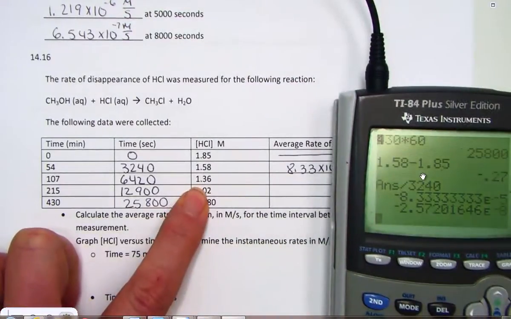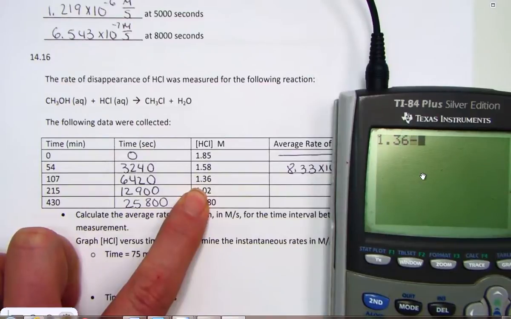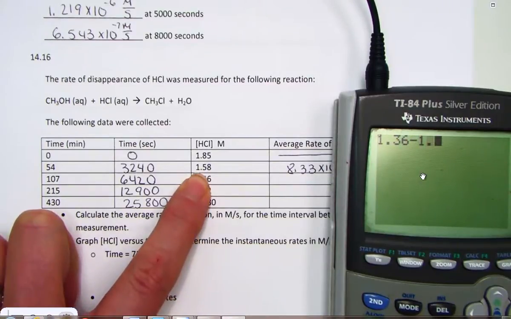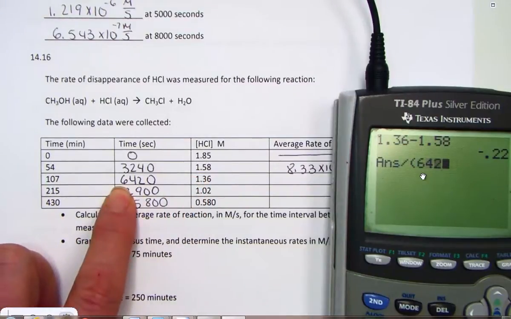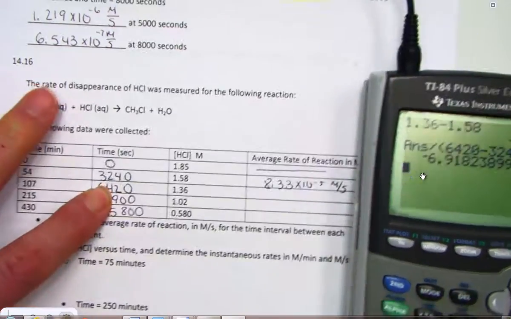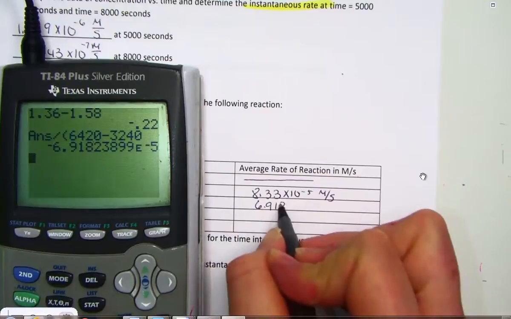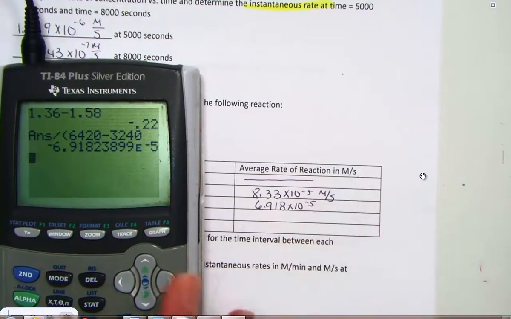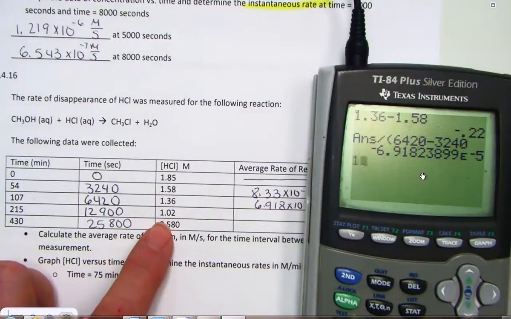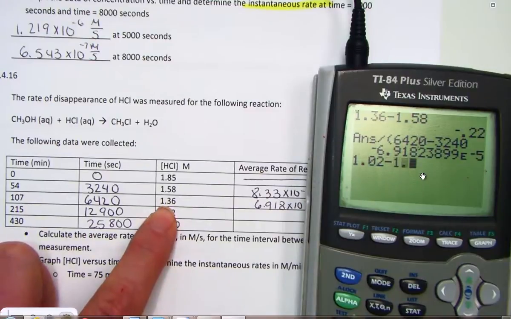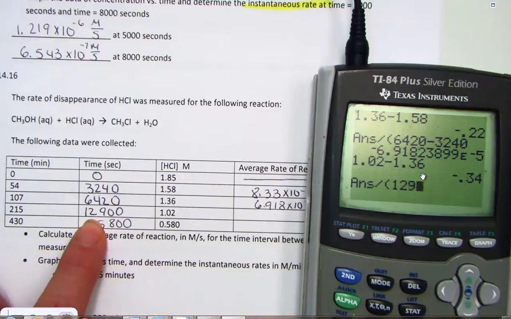How about the next? We'll hit 1.36 minus 1.58 over the time interval of 6420 from 3240. And now I have a rate, 6.918 times 10 to the negative 5th. 1.02 from 1.36 divided by the interval of 12,900 and 6420.